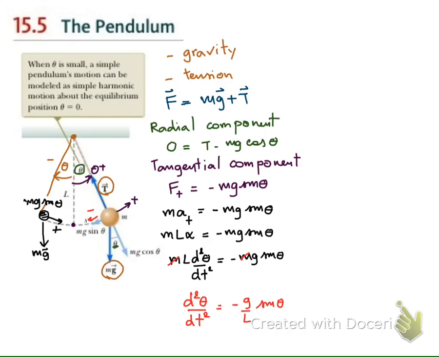Here, L is the length of the string. So now we have the equation of motion of the pendulum. We will next solve this equation to get theta as a function of time.